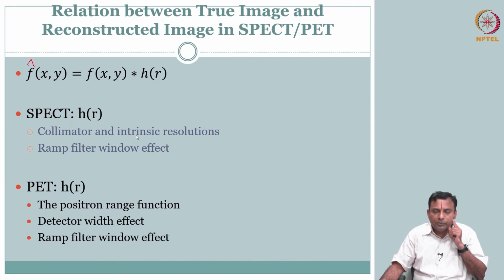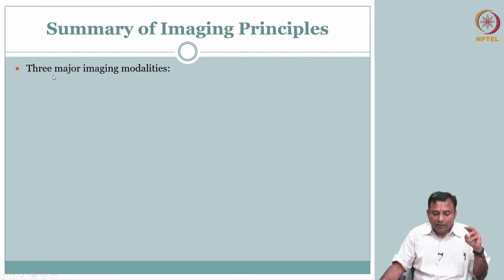So, I think with respect to nuclear medicine, right, at the introduction level we have covered what we wanted to cover. To summarize, we covered 3 major modalities within nuclear medicine. What are they? Planar scintigraphy, SPECT and PET. Okay, all this we covered. What all we covered?